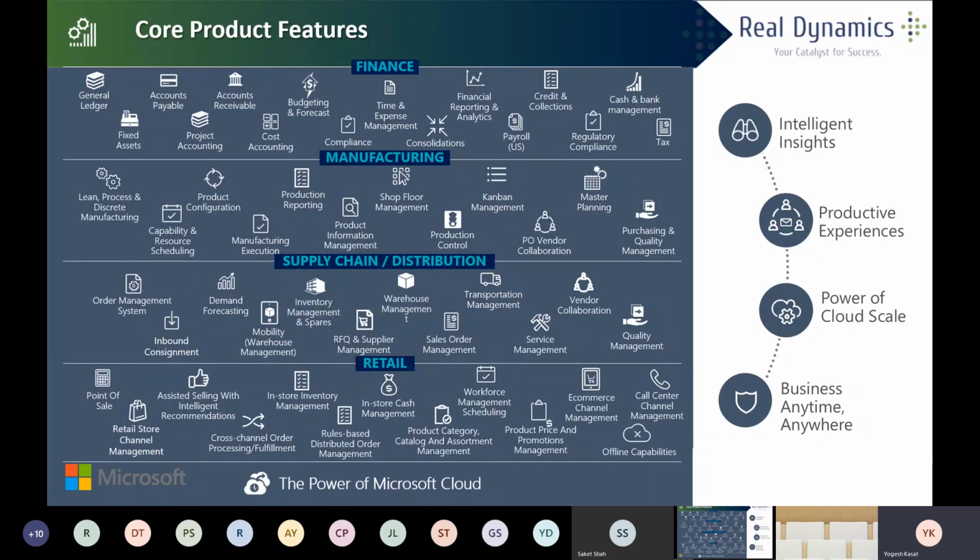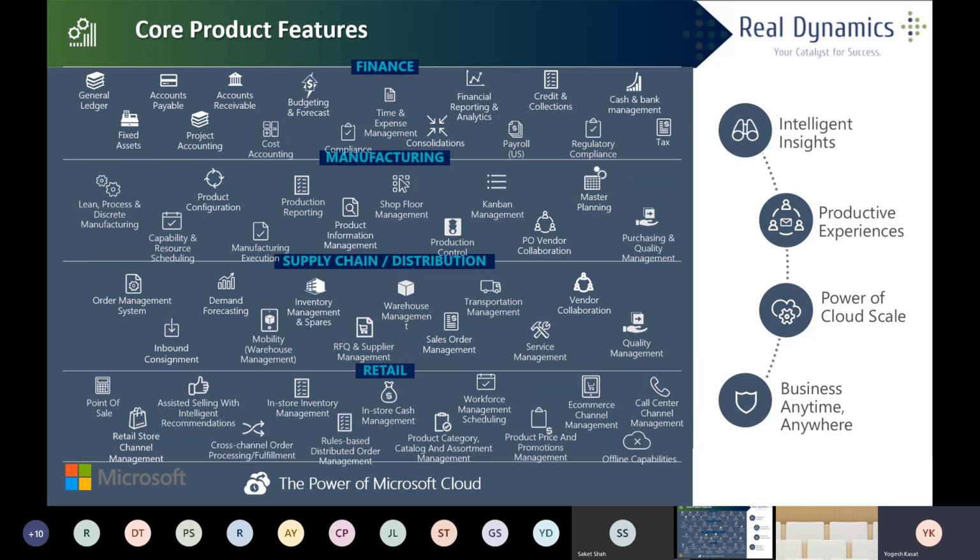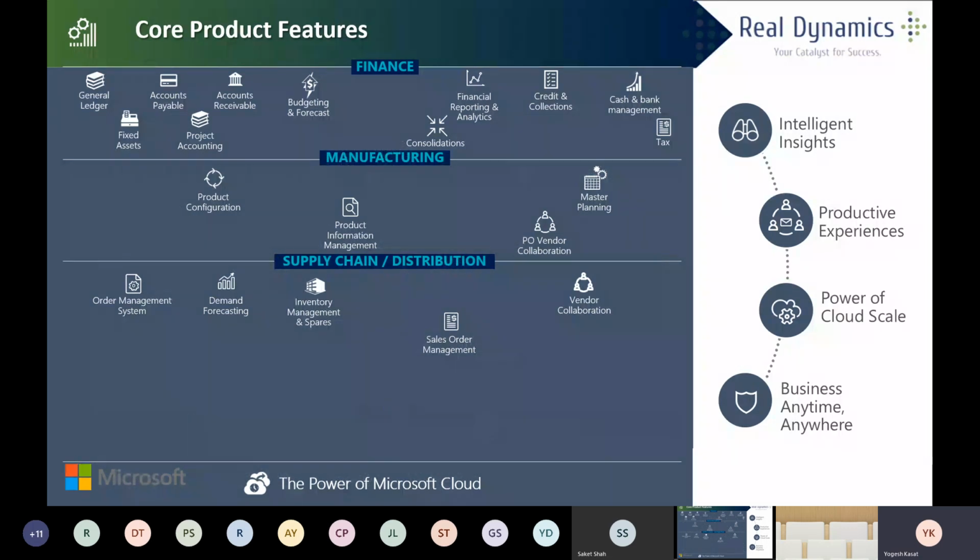But in general, we looked at the whole thing and then said, okay, what do we want to keep or utilize? And that's where we said these are the areas where we think Dynamics is going to add a lot of value for the customer.